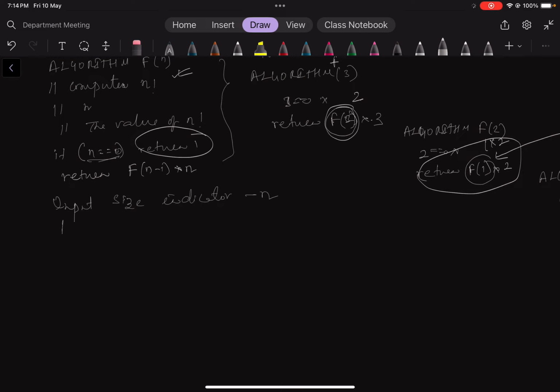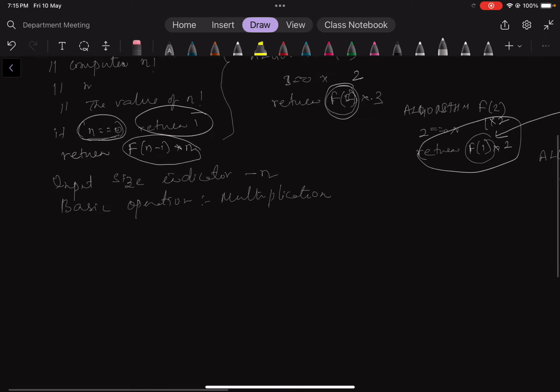And what is the basic operation we are performing here? We are comparing, but we also have a multiplication operation. Usually the operation which takes more time, we take as the basic operation. So in this case we are putting the multiplication operation as the basic operation.